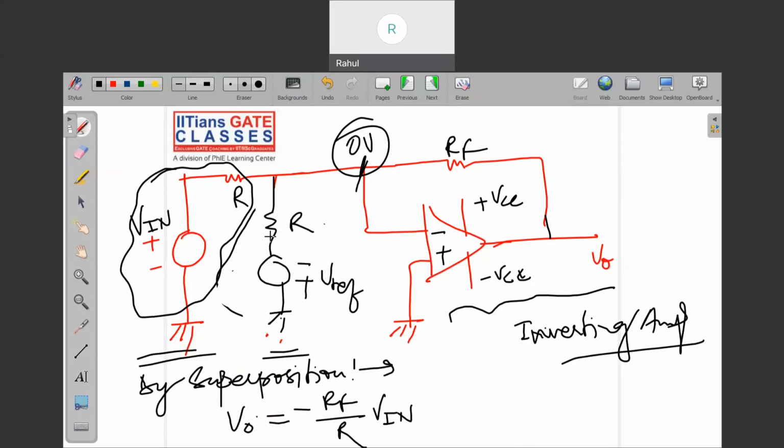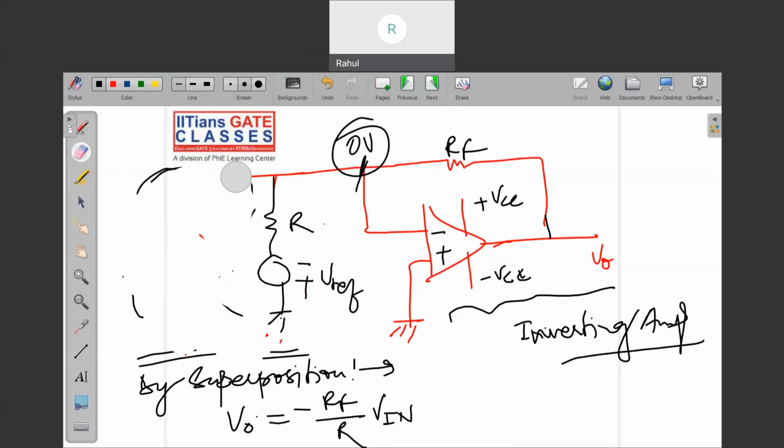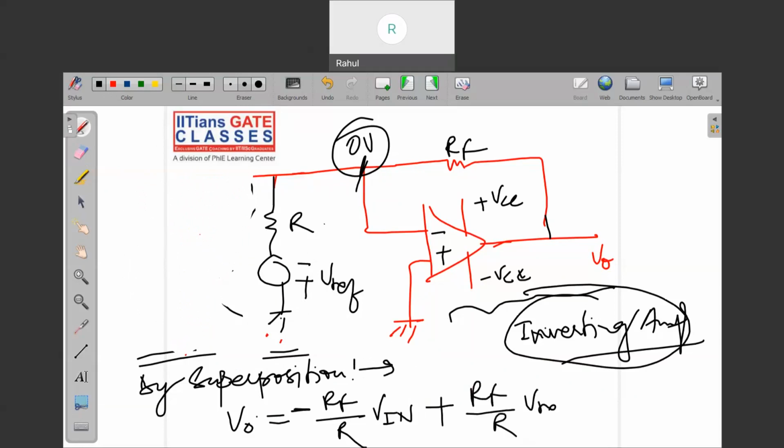Now forget about this V in. Let me erase this, so this R will be gone. So now you can write V out. It will be plus, because there is a minus sign because of the inverting amplifier, but the input is reversed now. Minus Vref is given here because of minus to plus. So you can say this is plus RF upon R times Vref. This is given as 0, so you can equate this.